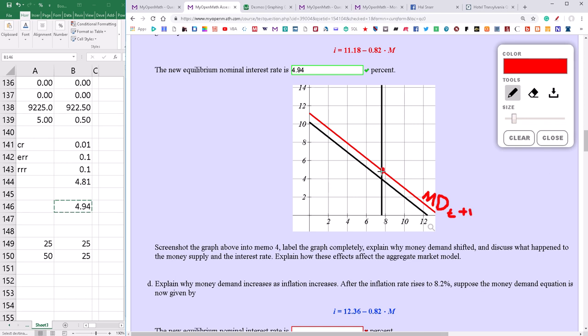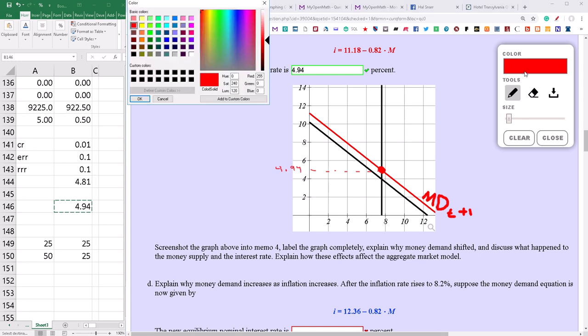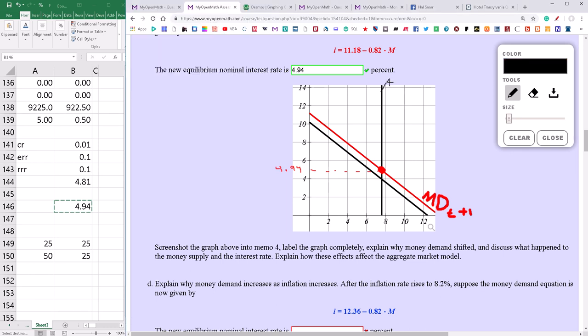The new equilibrium, almost at 5, 4.94, right? Then we've got to graph the original situation. So here's money supply.